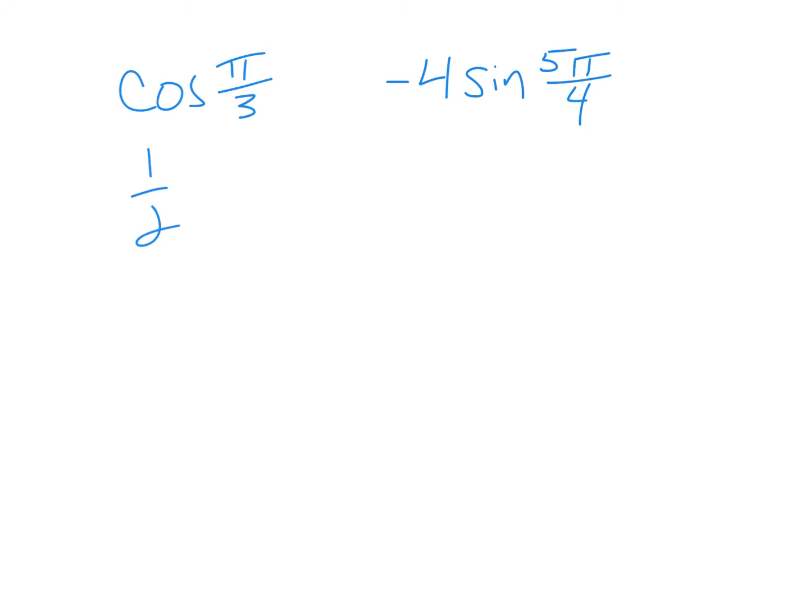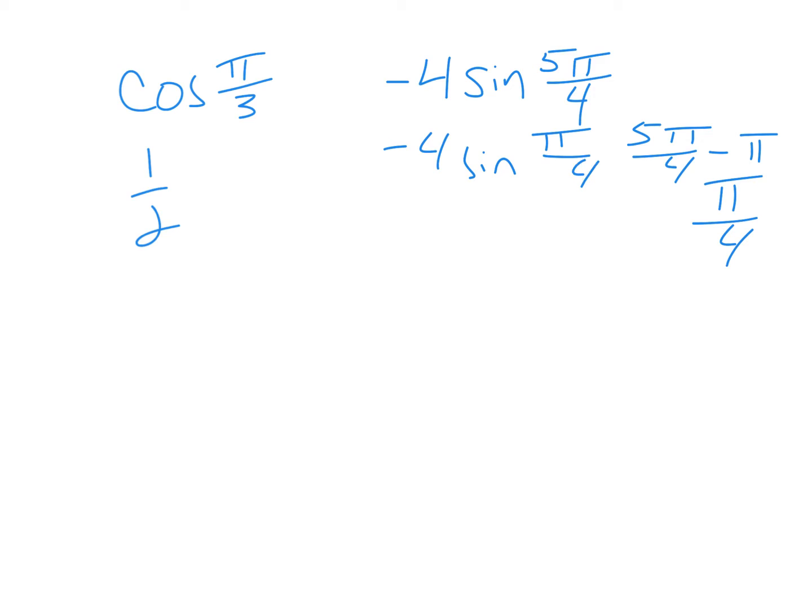And then negative 4 sine of 5 pi over 4. Your book wants you to subtract pi from it, so that it's between 0 and pi over 2, to make it easier to work with. So it's going to get you pi over 4. So you're finding sine of pi over 4.